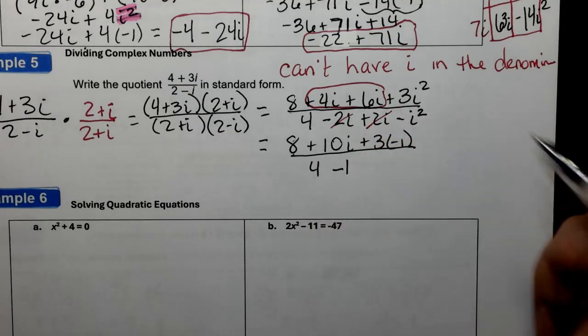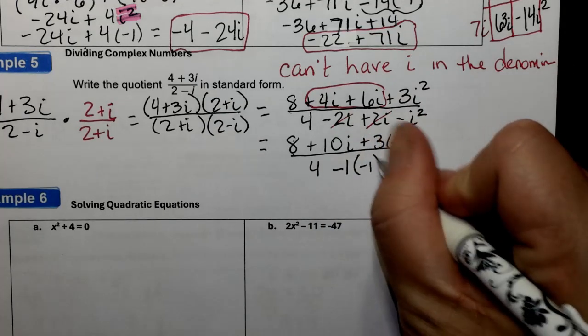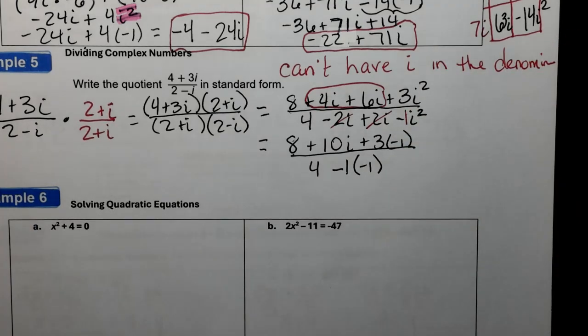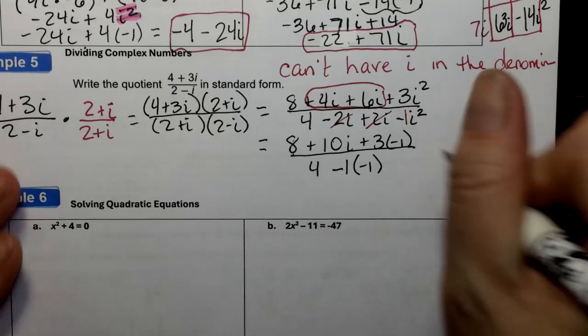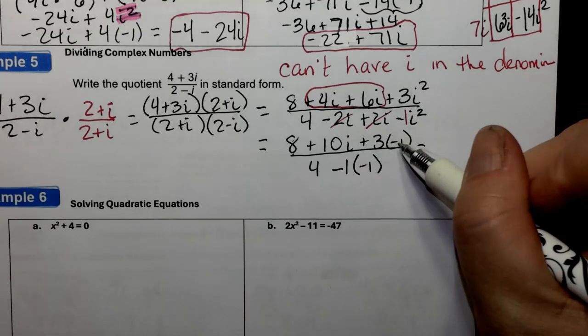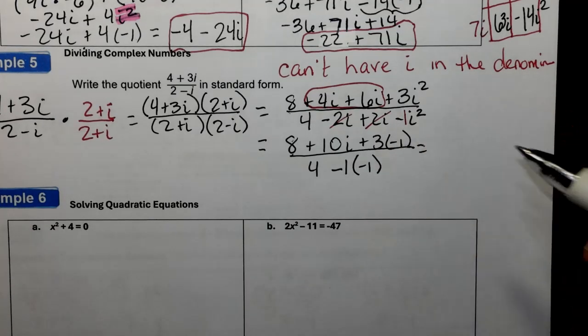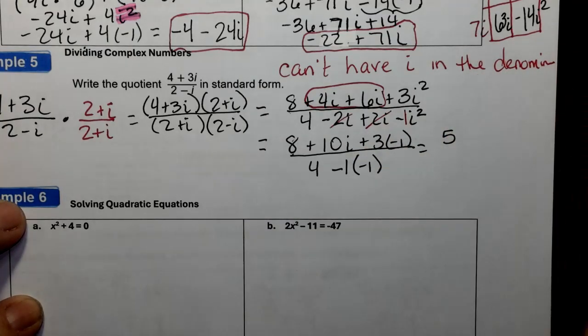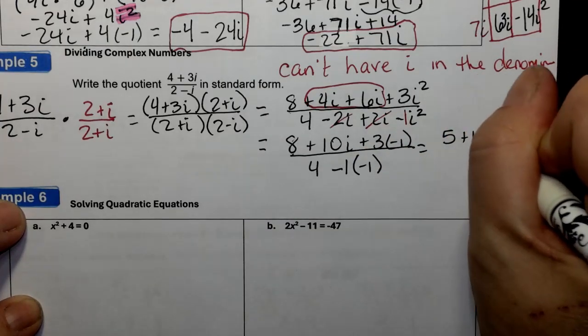So technically that's a 1 times -1, so that's a -1i. And now let's simplify. We've got 3 times -1, so that becomes -3. -3 plus 8 gives us 5, and then we have plus 10i.